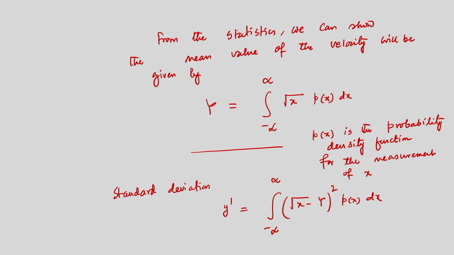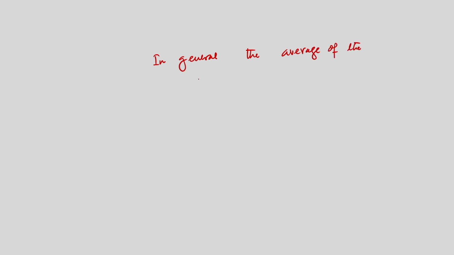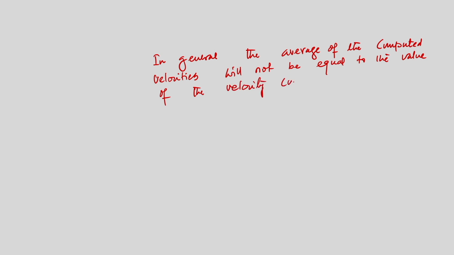So, from this we can conclude one important thing, that in general the average of the computed velocities will not be equal to the value of the velocity computed with the average dynamic pressure.